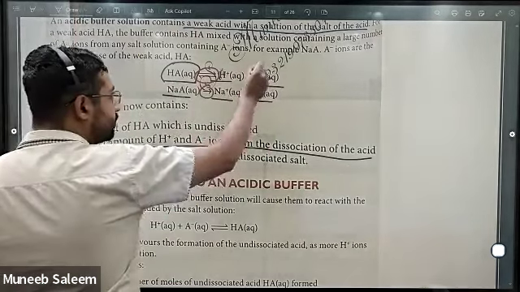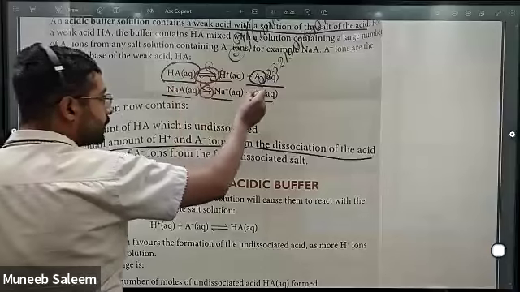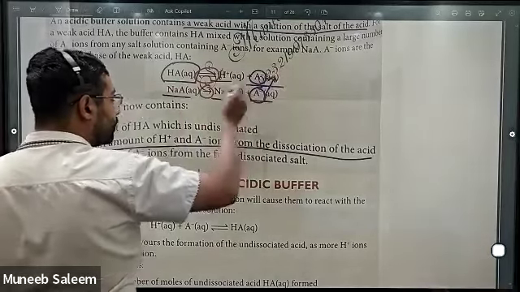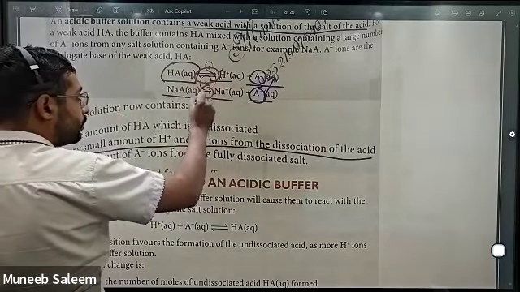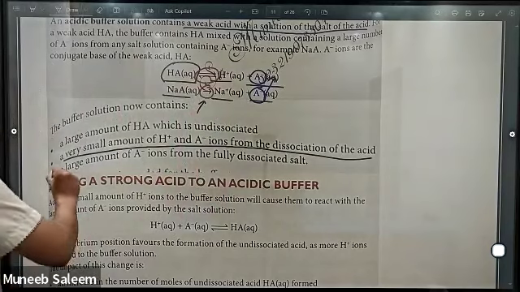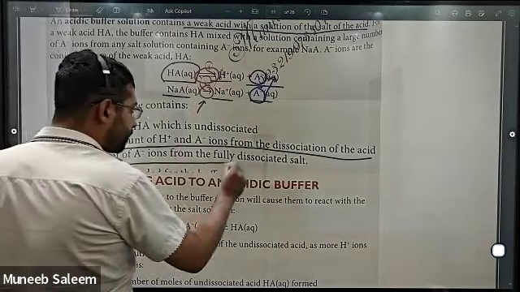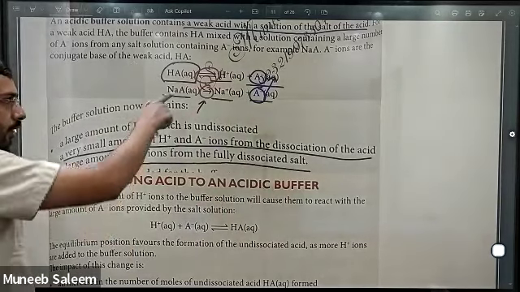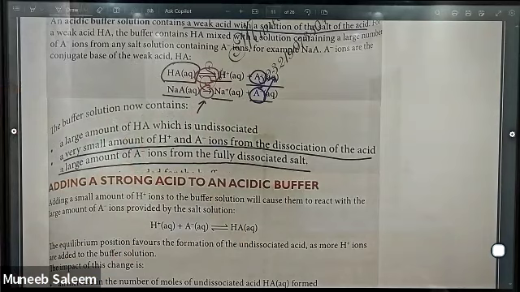This amount will be less from the HA, but the A negative ion from the salt will be greater, because of the complete dissociation of NaA. There is a large amount of anions from the fully dissociated salt, because it is a strong electrolyte.